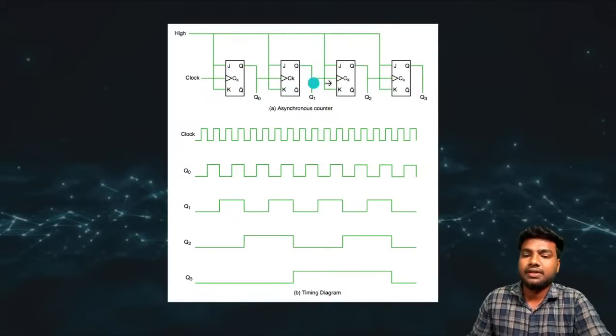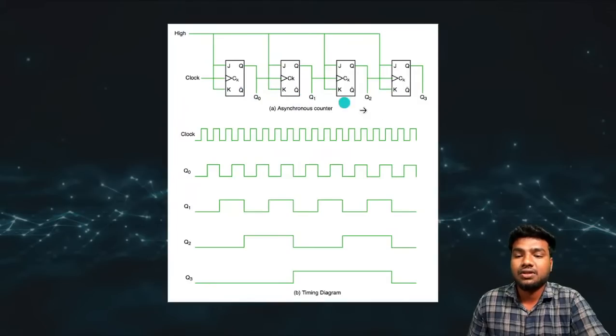This is an example of a 4-bit asynchronous counter. I have 4 flip-flops. You can see the first flip-flop only takes its input from the oscillator, the global clock input. The second flip-flop depends on the previous flip-flop: based on the output of the previous flip-flop, it is given to the second flip-flop's input.